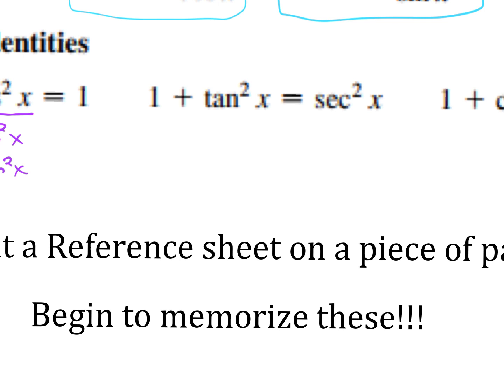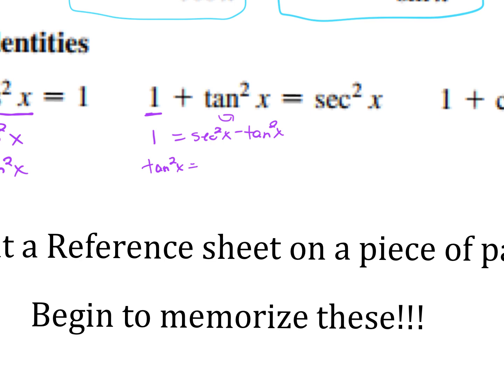All right, let's think about alternative forms for this one. We could keep the 1 by itself and move the tan squared over to the other side. So we could say that 1 is equal to secant squared x minus tangent squared x. We could also keep that tangent squared by itself, so we would have to move the 1 over to the other side.